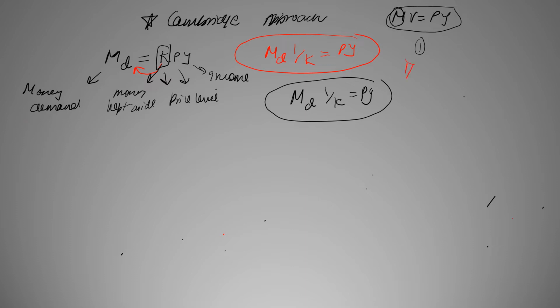So the first assumption is some part of the income is kept aside in form of K, and second is that money is used as store of value because it was also stored, right, in form of K. If you remember that in Fisher's approach we assume that no part of the income is saved, and it is used as a medium of exchange because we didn't store any value.